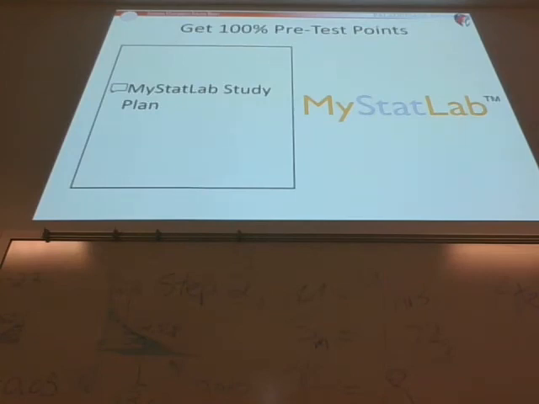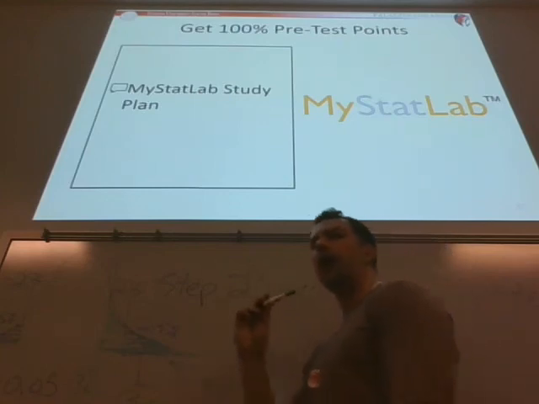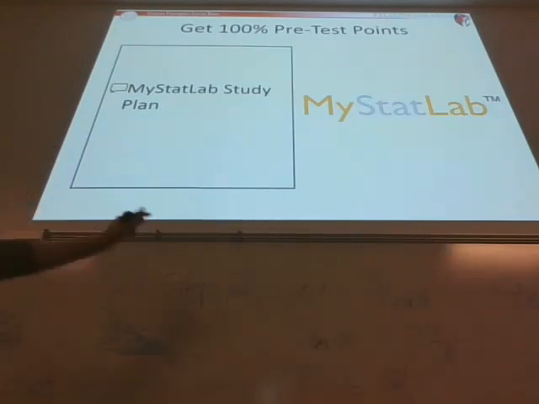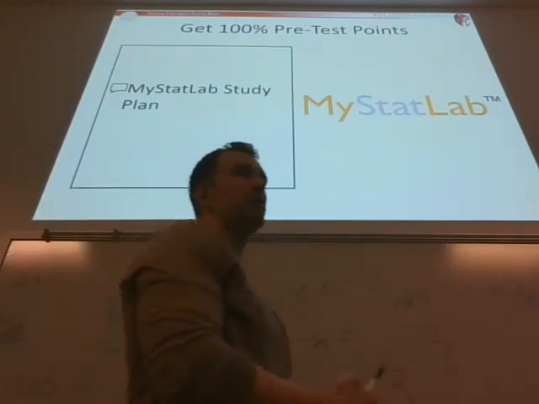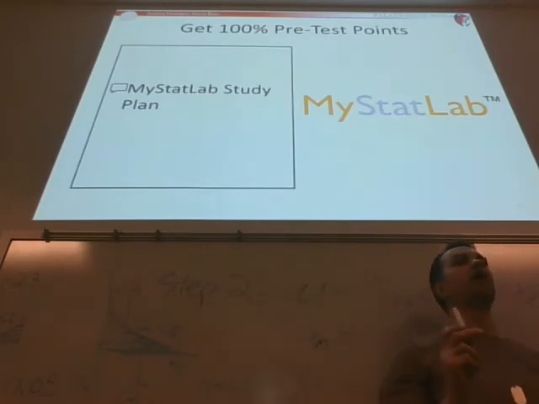So a couple of things to clear up or to do before we have our practice time. It's going to be a little bit shorter today, but we needed to take our time here. First off, keep up with the MyStatLab study plan. And for everything that we do, I mean, work on your mastery points, but for everything that we do from here on in, you're going to be able to do it on SPSS.